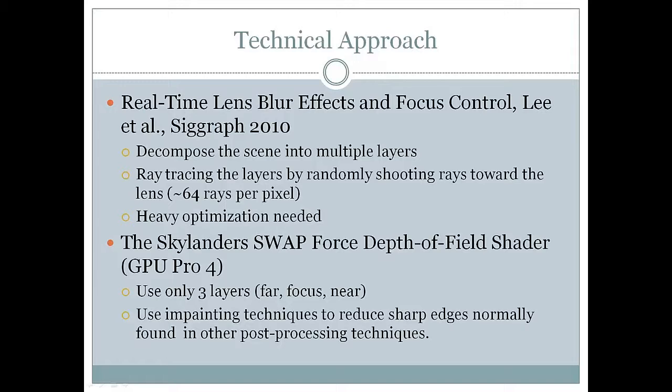This method uses only three layers, mainly the far layer, focus layer, and near layer, and they use blending techniques to reduce the sharp edges normally found in other post-processing techniques. This technique is much easier to implement than the first paper, but has no obvious edge artifacts like other post-processing techniques.